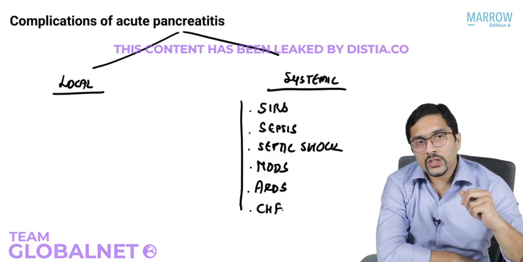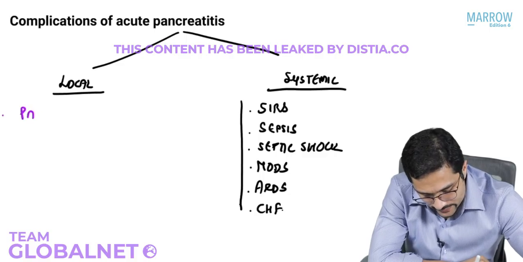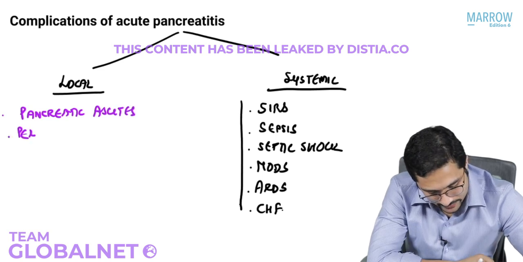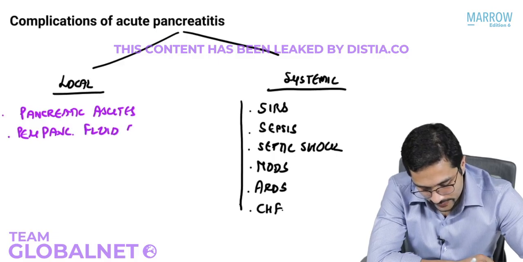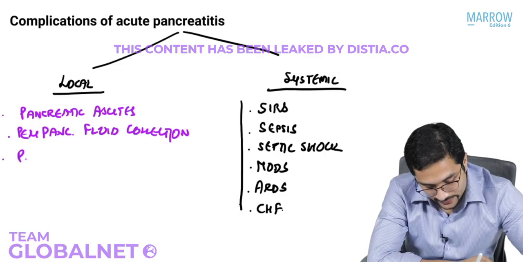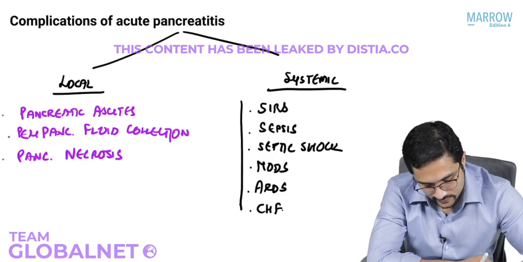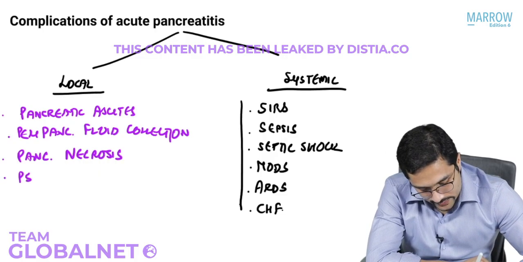The local complications of acute pancreatitis: you can have pancreatic ascites, peripancreatic fluid collection, and pancreatic necrosis. Pseudocysts can form.